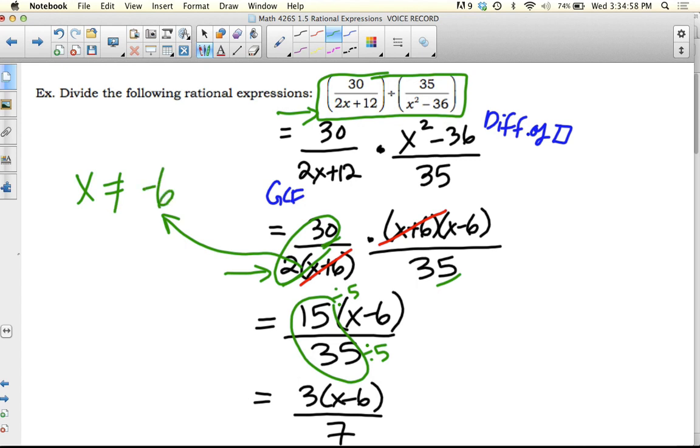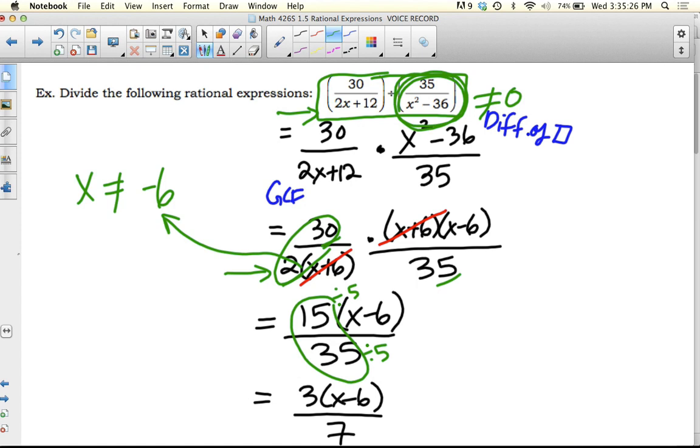Okay, that's straightforward. Now, here's where the restrictions are a little bit different. It's only for dividing. Okay, for when you're dividing rational expressions, do you agree that we're dividing this term right here, 35 over x squared minus 36? Because that's an expression that we're dividing by, this whole thing cannot equal 0. Okay?